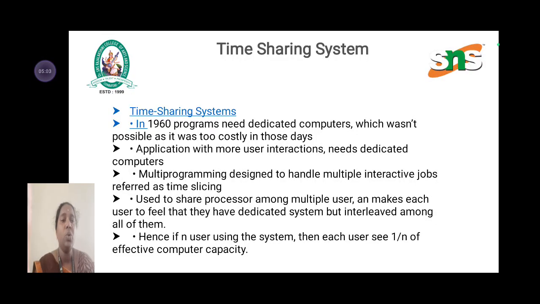Multi-programming was designed to handle multiple interactive jobs, referred to as time slicing, used to share the processor among multiple users and make each user feel that they have a dedicated system, though it is shared among all of them. Hence, if there are n users using the system, each user sees one n-th of the effective computer capacity.